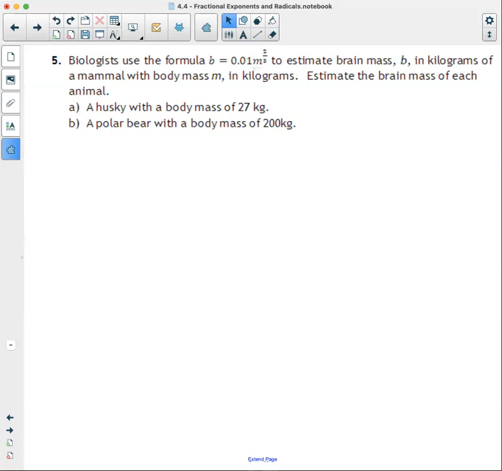So this formula is showing the relationship between body mass and brain mass. So we're supposed to estimate the mass of each animal.